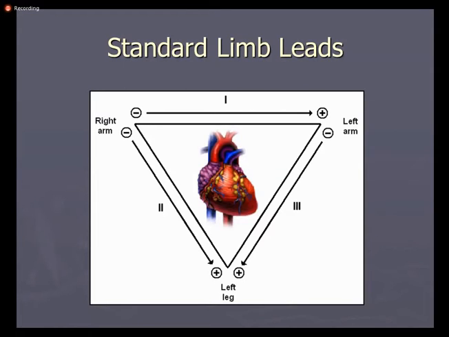Now you can see lead 2. One electrode on the right arm, and the next electrode on the left leg. Current is flowing from the right arm to the left leg. So the right arm is a negative pole and the left leg is a positive pole.